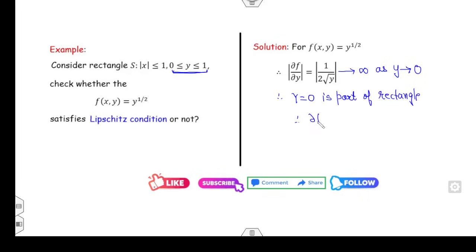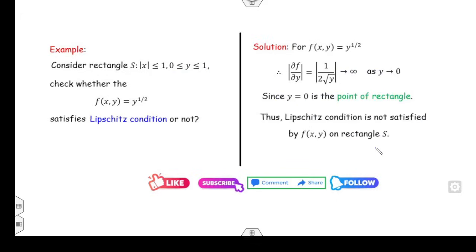That means del f upon del y is an unbounded function, and once it is unbounded, f is not satisfying the Lipschitz condition on the particular rectangle S. If the domain is changed to 1 less than y less than 7, for example, then it never goes to infinity, because y equal to 0 is not part of it, and in that case yes, the Lipschitz condition will be satisfied.